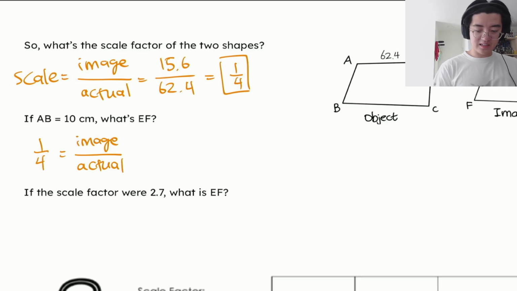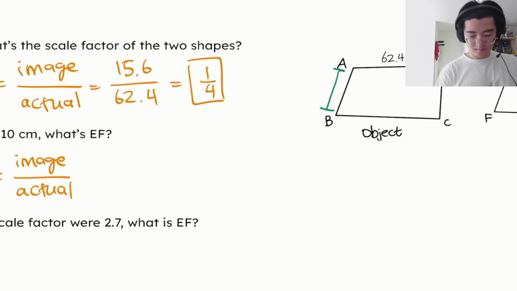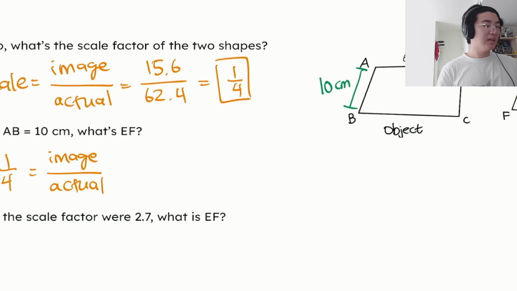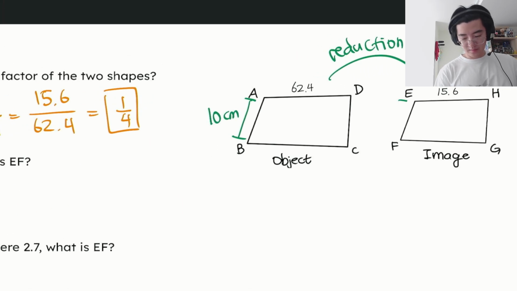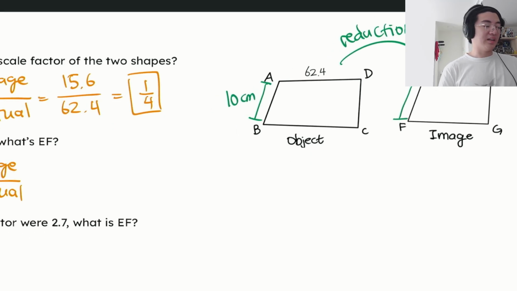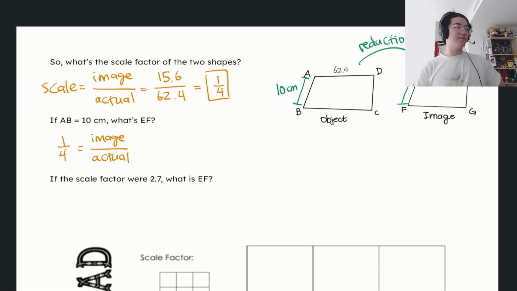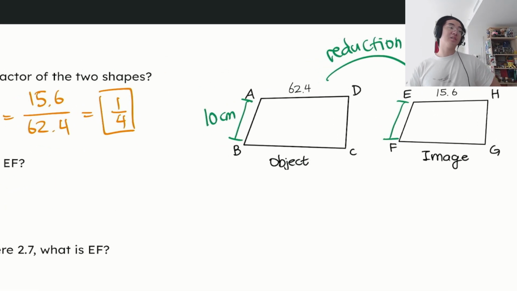And we're given that AB here is 10 centimeters. We want to know what's EF. We know that they're the same side: AB and EF refer to the same side. So the 10 is experiencing this reduction of 1 over 4.